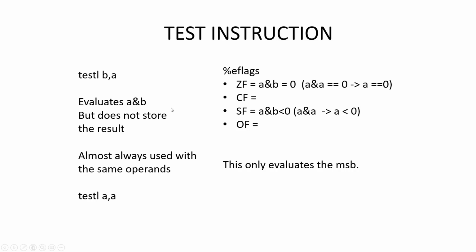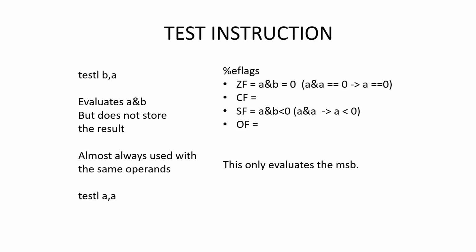The other one I care about is the sign flag. And in this case, if I compare A and B, this is the bitwise AND operator again. If I get an answer that's less than 0, basically we only care about the most significant bit for the sign flag. So just that far leftmost one, the one that represents the sign bit.